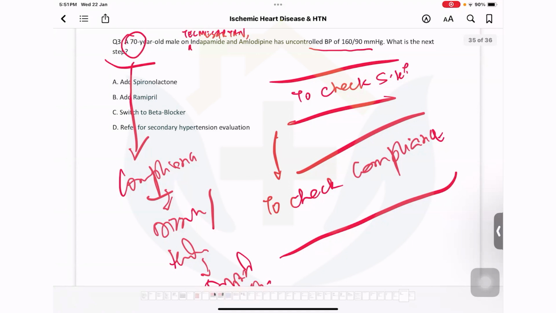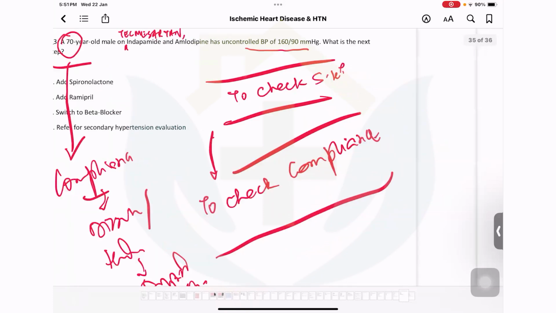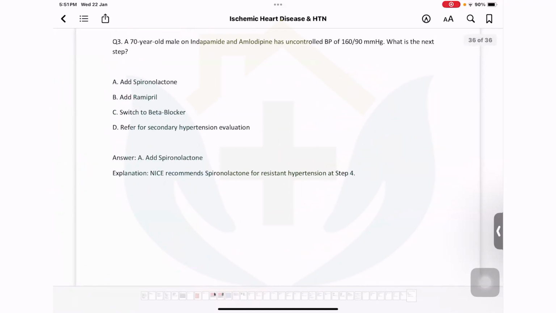Step three is to add a thiazide diuretic. Step four is to add spironolactone. Step five is to add a beta blocker or an alpha blocker. So before going for a beta blocker, I would like to exhaust spironolactone. Right, sir. Okay. All right.